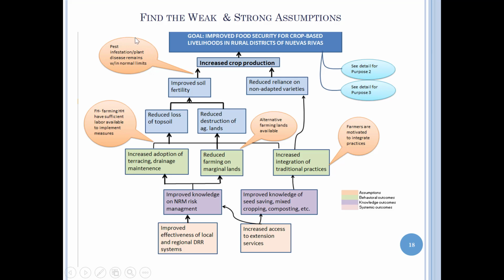The other assumption here: pest infestation or plant disease remain within normal limits during the project time frame and beyond. So this is a strong formulation of an assumption. This is a good assumption. Improved soil fertility will lead to increased crop production only if pest infestation or plant diseases remain within normal limits.